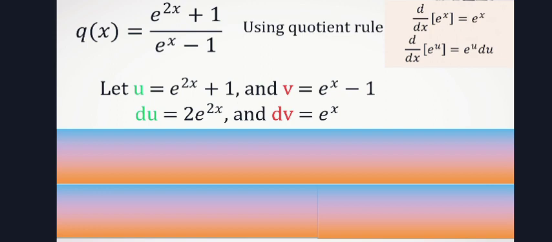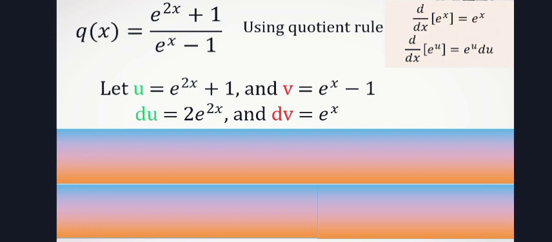Now, para makuha yung derivative nito, since we're dealing with quotient rule, alalahanin natin that the formula of your function when getting the derivative applying the quotient rule is v du minus u dv all over the square of v. Ulitin na natin.